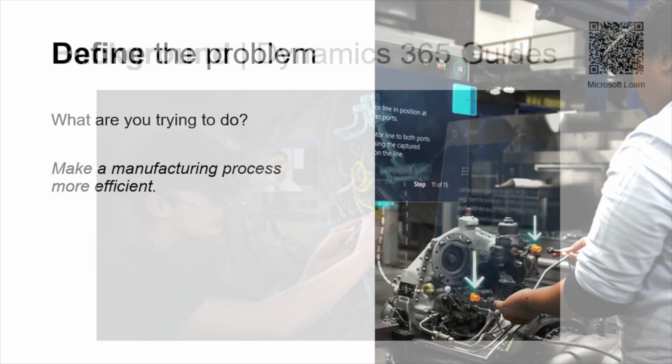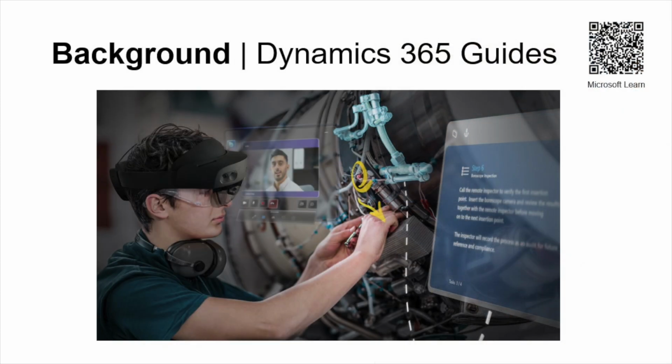And so to do that, the product I worked on was called Dynamics 365 Guides, and it was a HoloLens application that essentially provides holographic step-by-step work instructions so that a worker can put on the HoloLens, walk up to some complicated piece of equipment and be guided holographically through what to do in a particular process.